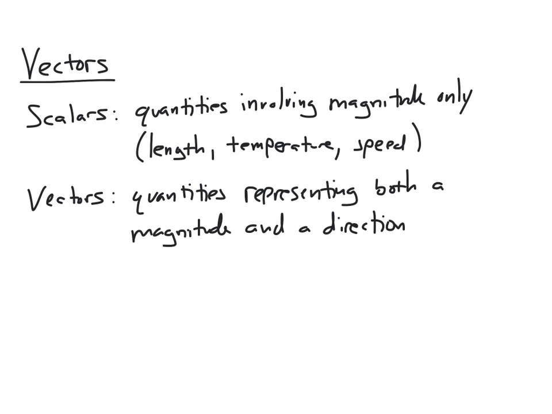So some common examples of this would be velocity. When you've seen velocity in past calculus classes, you had positive velocity and negative velocity. So that positive or negative sign indicated whether the object was moving in the forward direction or in the reverse direction.